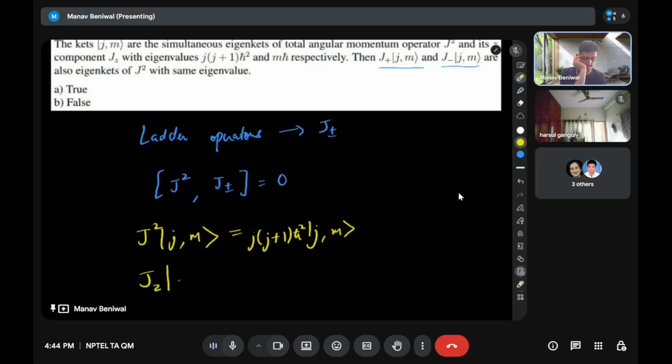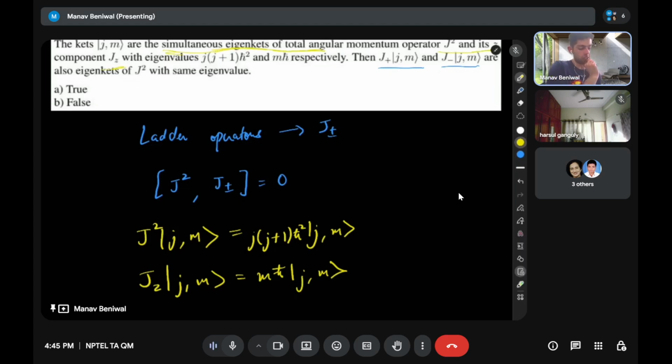If I operate jz on them, I'll get m h cut and the same eigenkets. Therefore these j comma m are called simultaneous eigenkets of j squared and jz.